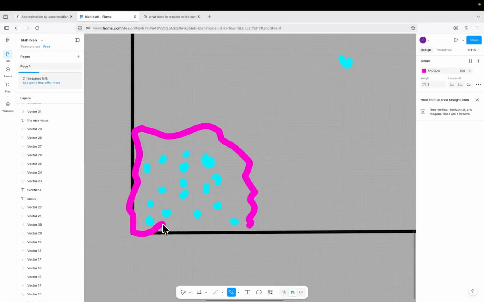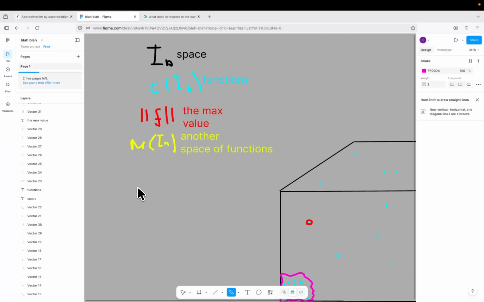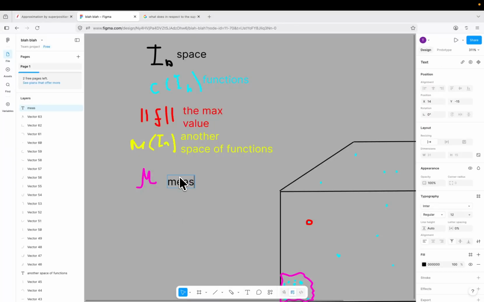And what it means, just an intuition, we're going to call it mu. What that is, it's a measure, aka spotlight.